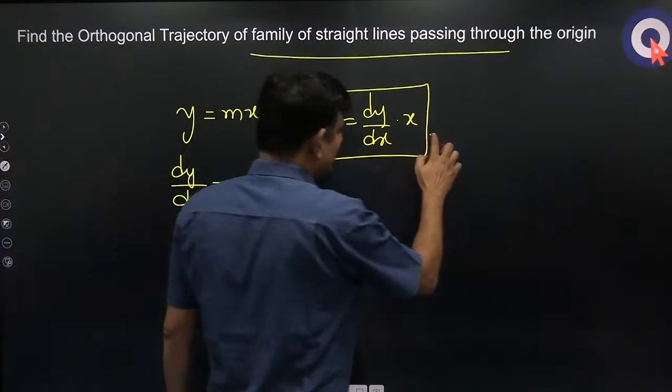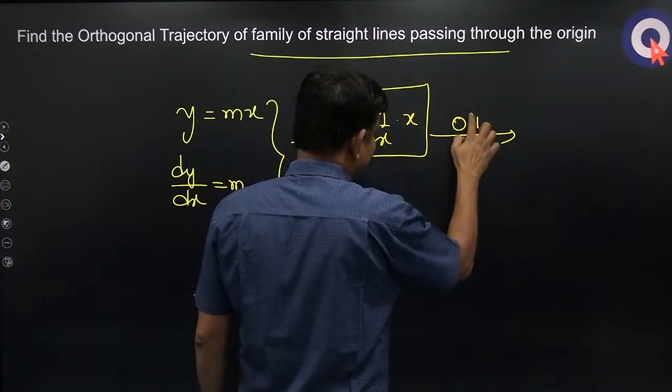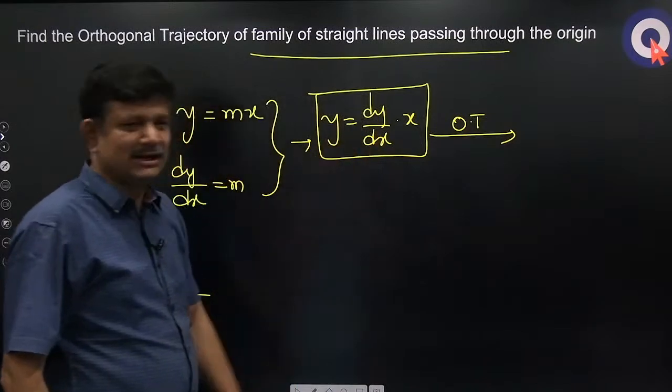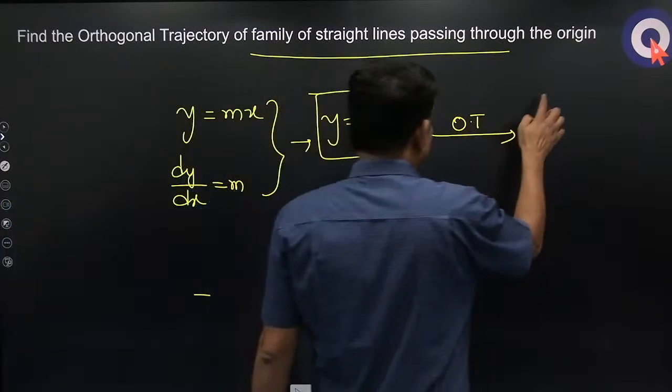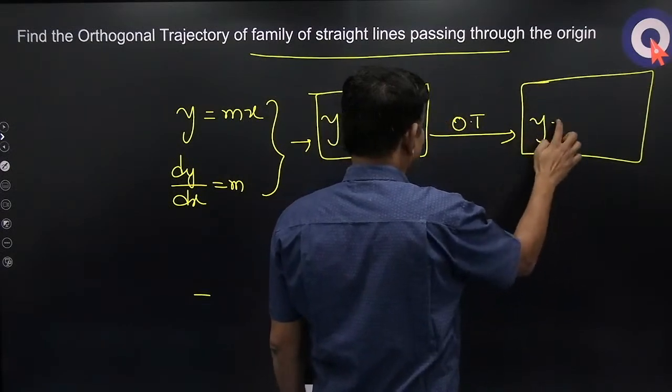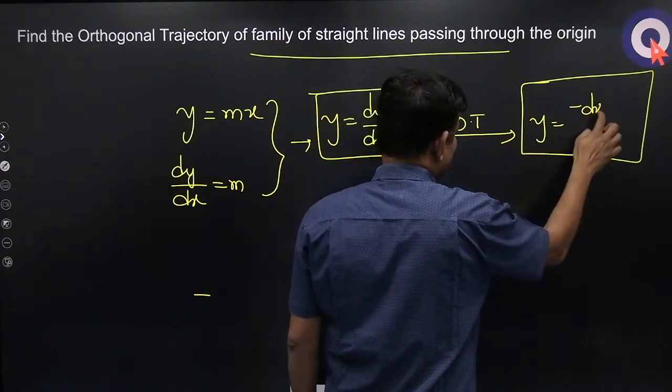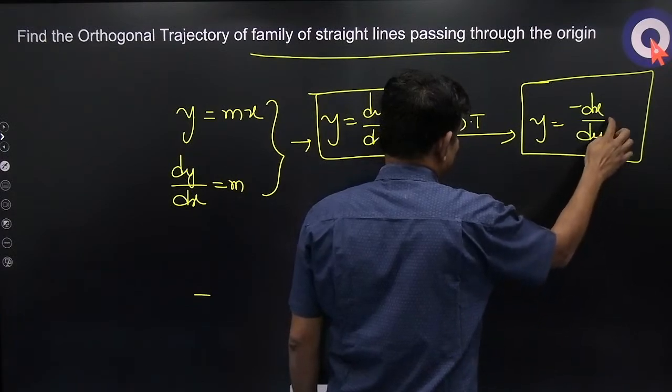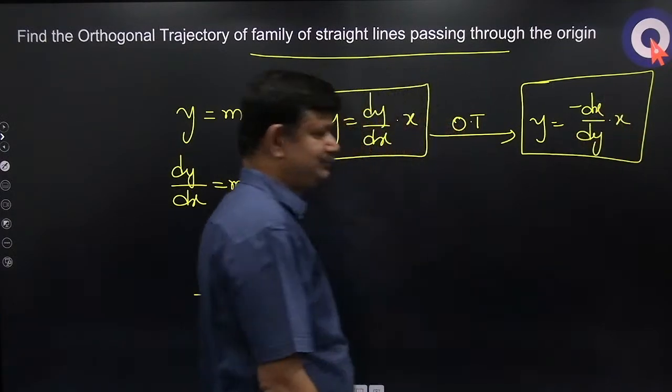Now to get the orthogonal trajectory, what we need to do? Replace dy by dx by minus dx by dy. So the orthogonal trajectory will be y is equal to minus dx by dy into x.